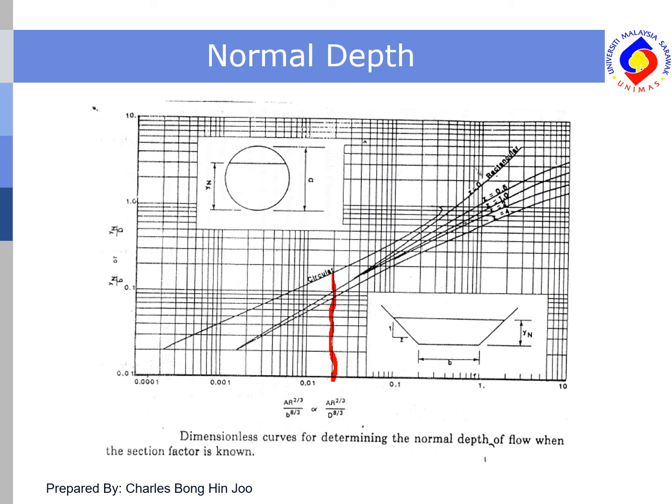From there we can pull a horizontal line to touch the vertical axis, and read the value of yn over b. yn here is the normal depth. But if we want to find yn directly from the vertical axis, we need to multiply the value that we get from the vertical axis with the bottom width b. Only then can we get the value of yn.